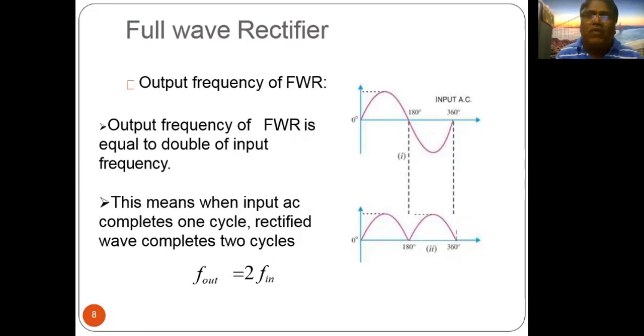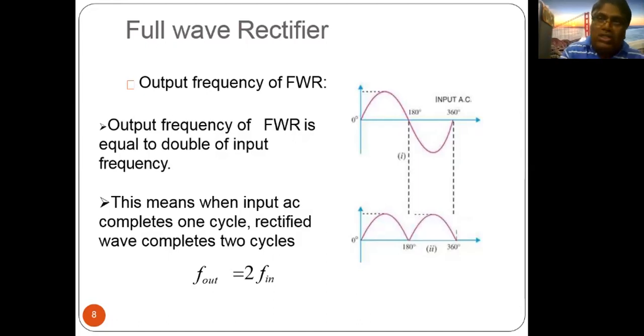The ripple factor will be reduced. But in the case of a half-wave rectifier, the ripple factor is very high, and once the ripple factor is high, the noise will be more. So the main objective of the rectifier is to reduce the ripple factor. How to reduce the ripple factor? You will see in the next classes. In a half wave rectifier the ripple factor is more, but in a full wave rectifier it will be reduced because we are using two diodes.